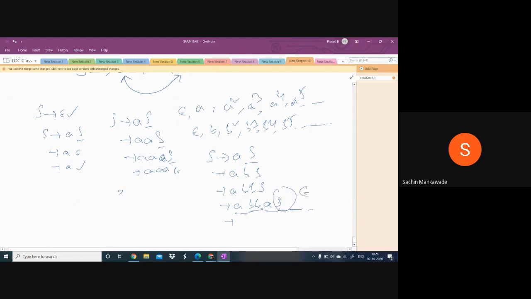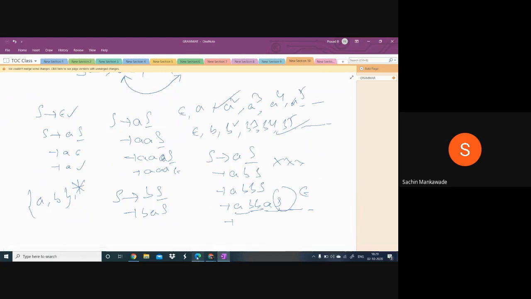Or you can start with BS, then again AS, or BS, AS. So it gives only A's, only B's, and all the combinations of A and B. So the language generated by this grammar is any combination of A and B.